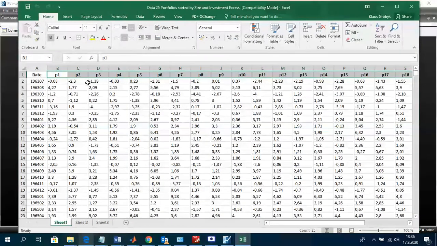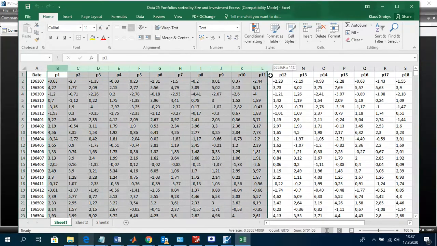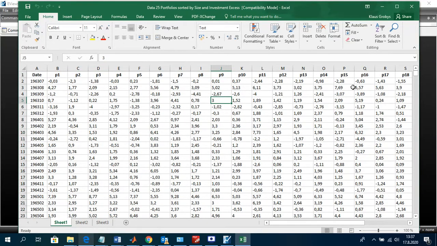Our test assets are 25 portfolios sorted by size and investment. And now it's important to know these test portfolios are already in excess form, which means I have already subtracted from each return the corresponding risk-free rate at time t. So all these assets here are provided in excess form.